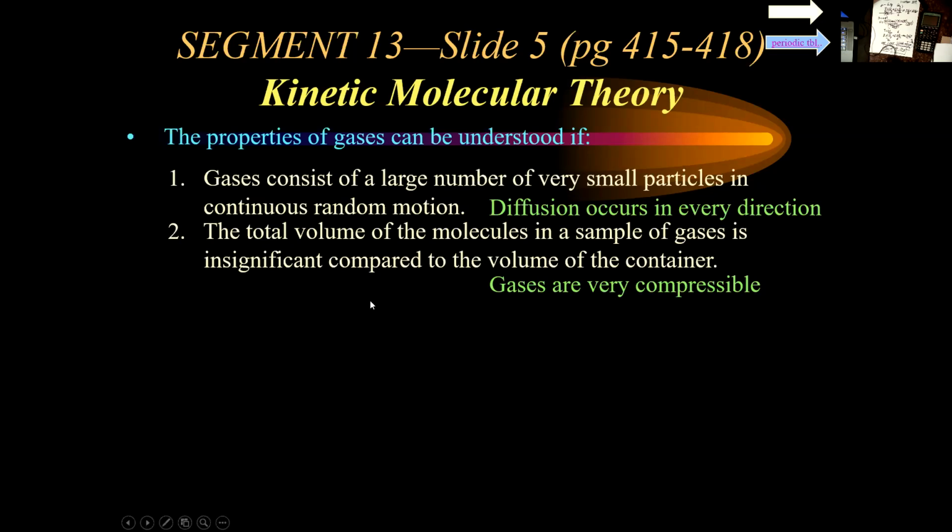And if I were to put all the molecules in a little layer at the bottom of the container, the volume of that little layer wouldn't be measurable compared to the volume of the container itself. And we get that idea because gases are observed to be extremely compressible over great volume changes.